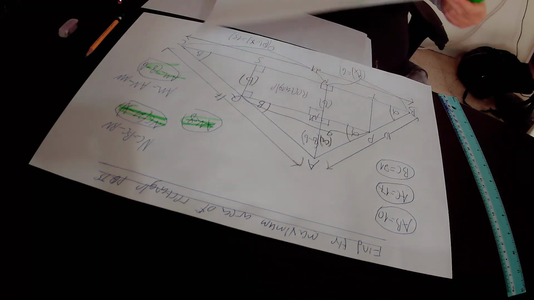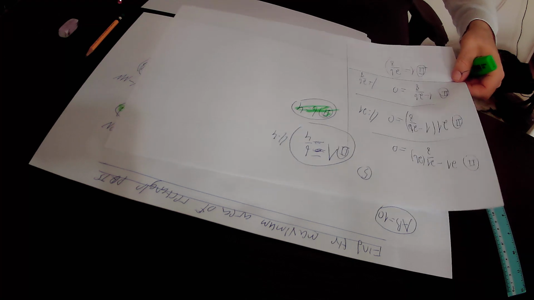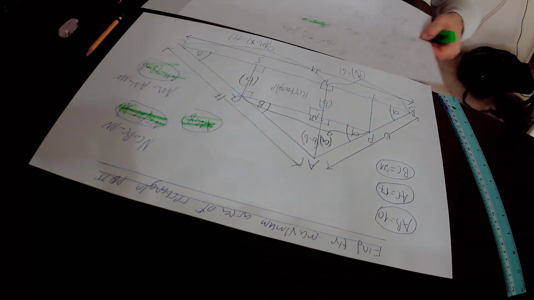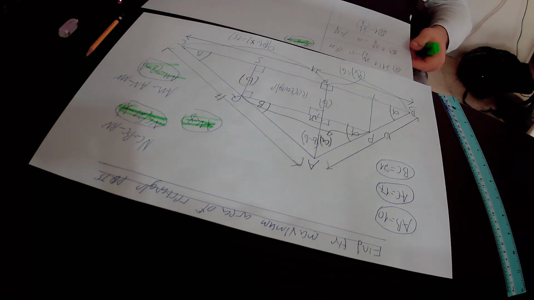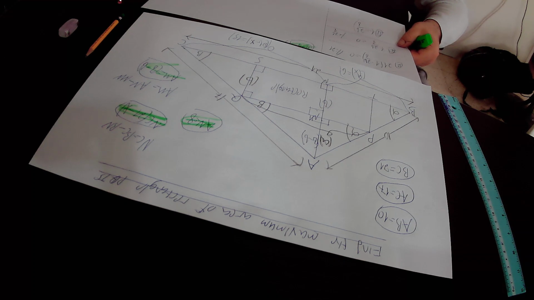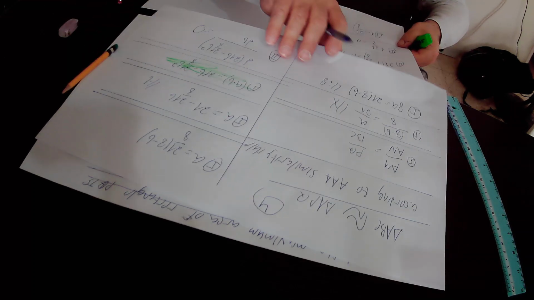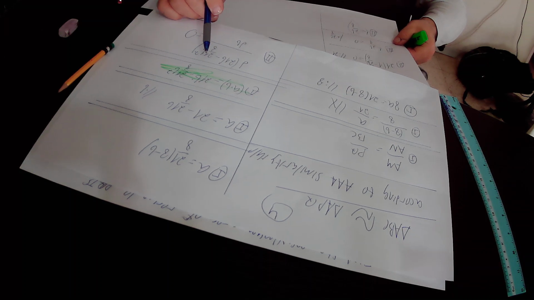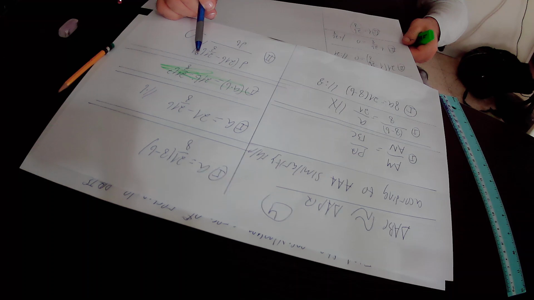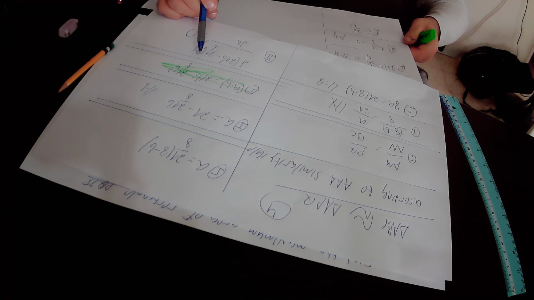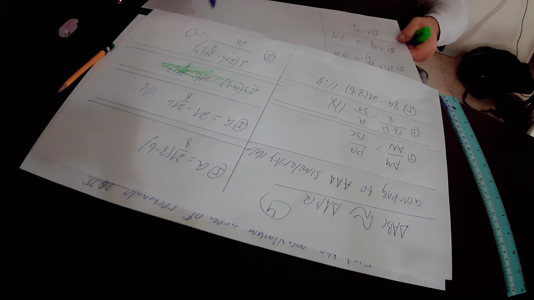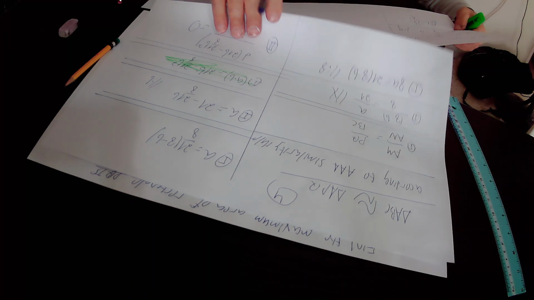But again, the extreme point of the function area of this rectangle PQST, which is 21b minus 21b squared over 8, is at point b that is equal to 4.